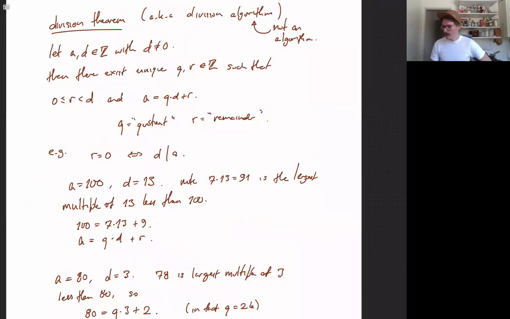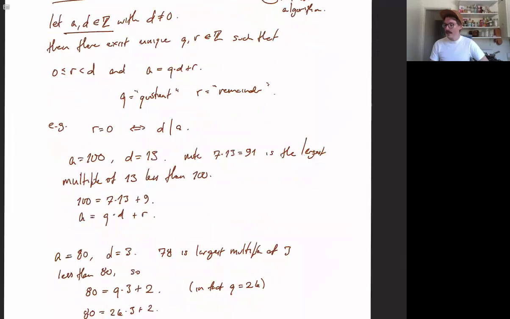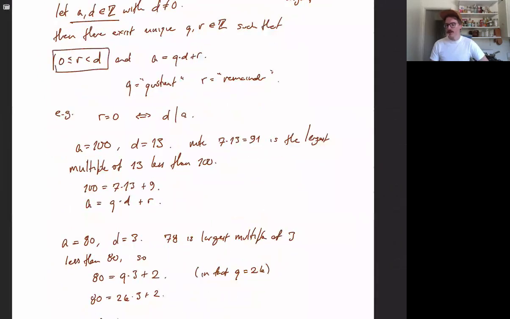So the division theorem says that for any two integers a and b, we can find an expression like this, where a is some multiple of b plus some remainder. And there is a unique expression where the remainder is constrained to be in this range.